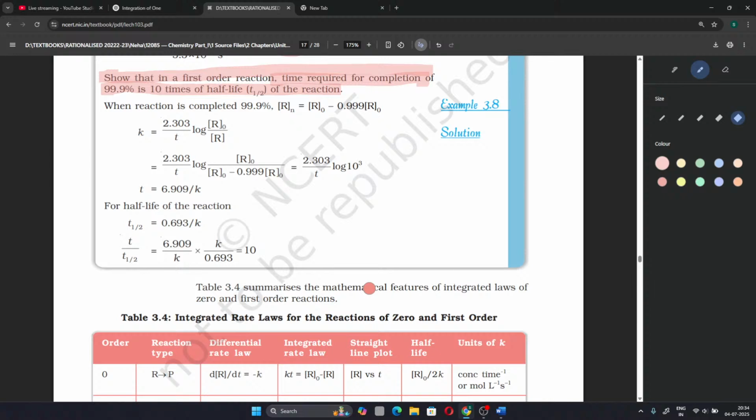It is indeed 10 times when we calculate. Okay, fine.